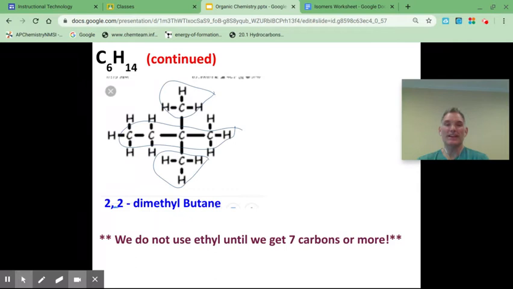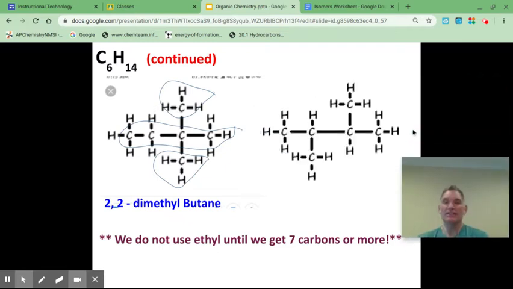Pretty cool, right? 2,2-dimethylbutane. So now the question is, can I move it somewhere else? If I move these things over to here, it's still 2,2-dimethyl, so I cannot do that. But there's one more. I can actually move one of these over and it looks different.